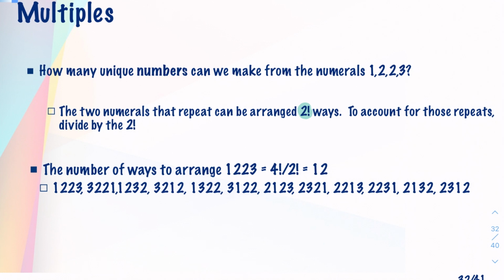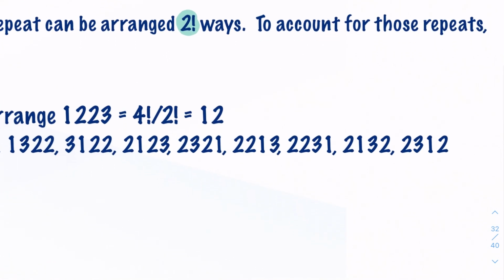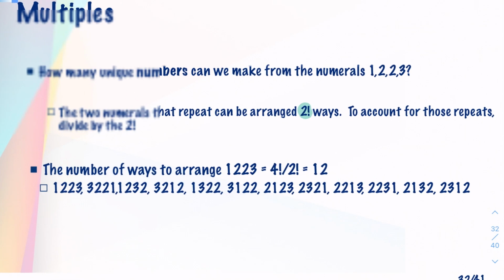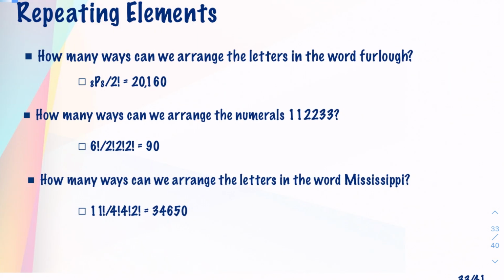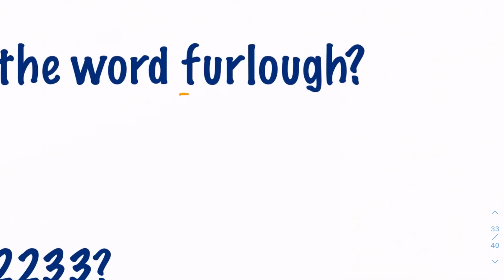And you can check, if we wanted to list out all 12 of these options, you would see, and trust me, there are no other options. So with repeating elements, how many ways can you arrange the letters in the word furlough? Well, you would take all of the letters that we have, 1, 2, 3, 4, 5, 6, 7, 8.